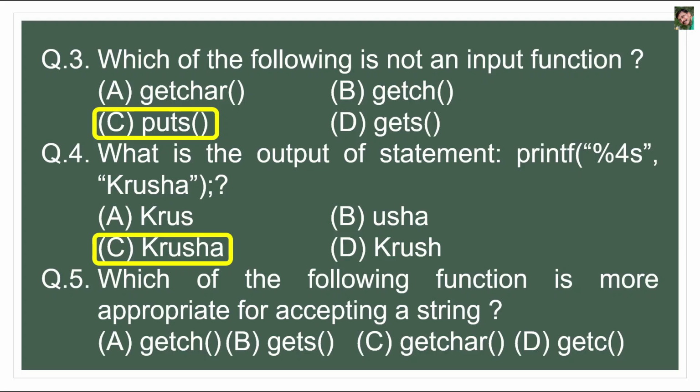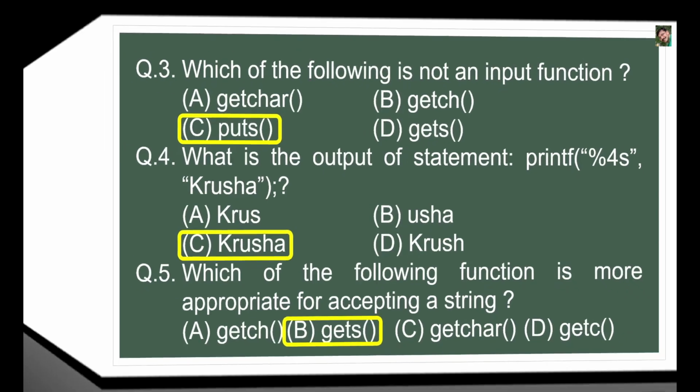And get C also accepts only one character. There is some minor difference between all these three, but they all accept a single character. One will echo on screen, one will not echo on screen, and there are such differences. But option B says get S, which will accept more than one character from the user, that is getting a string from the user. So the correct answer is get S.